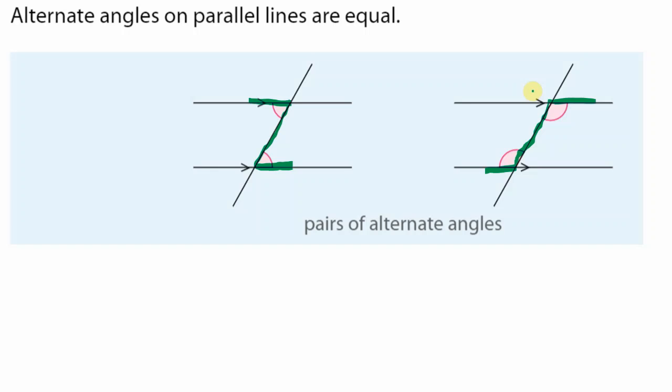Okay, but now what's important, you see arrows here, arrows. So in this particular case, the two lines that form the intersection are parallel. In the previous examples, they weren't parallel. Now what's important, alternating angles on parallel lines are equal.